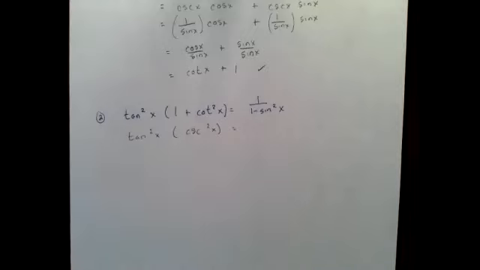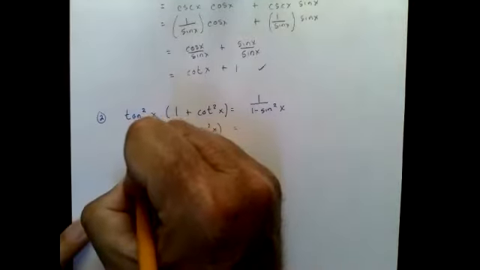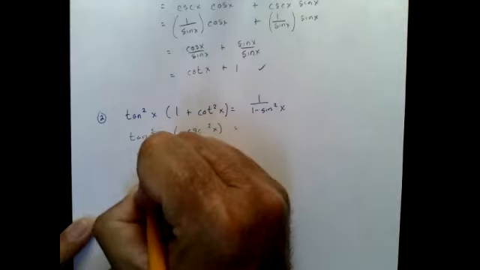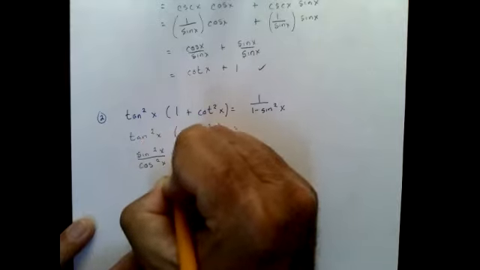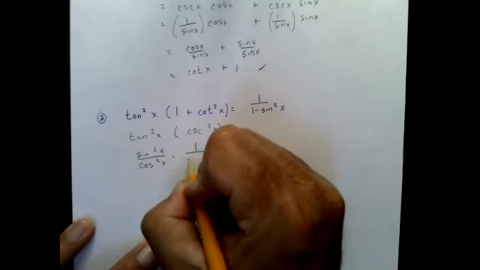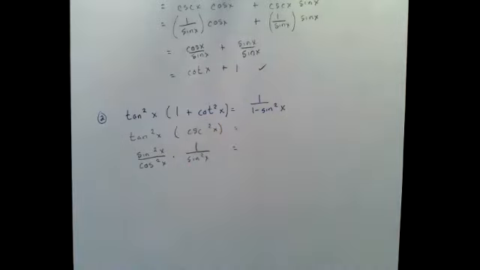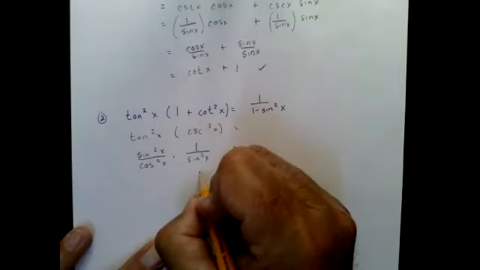I may now want to convert to sines and cosines just to see what happens. This is the sine squared of x over the cosine squared of x times 1 over the sine squared of x. And it looks like they cancel.